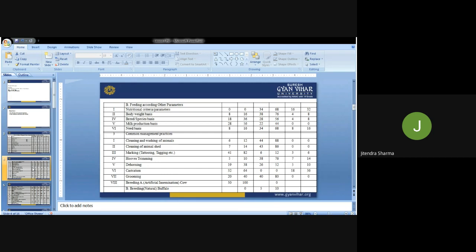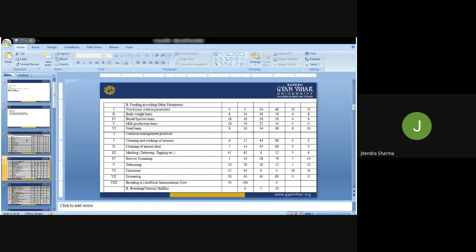And 12% are partially following, where 6% least bother because of unawareness regarding this, and they also do not have any particular record of the animals. Hoof trimming and these are the technical things. Only 10% of farmers know that we have to remove the hooves, but 76% partially, whenever they find that the animal is in trouble because of the hooves, then they remove them.